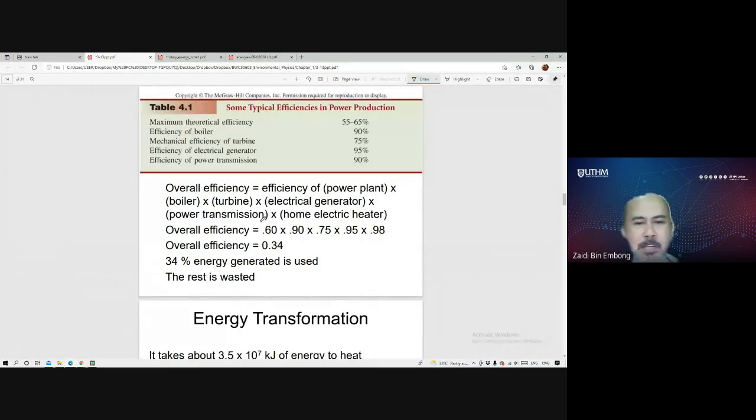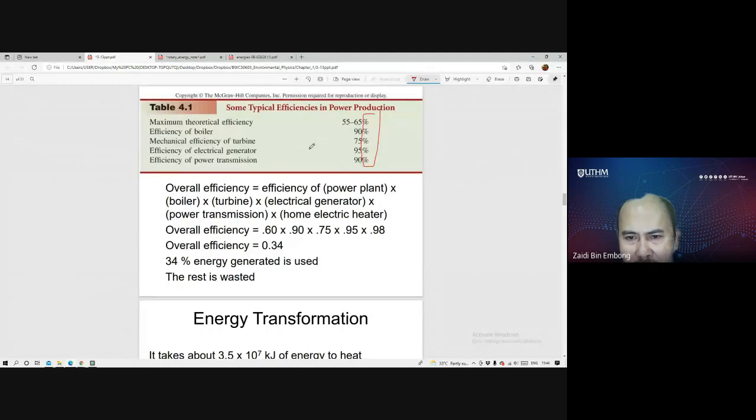Okay, then we have this calculation. From this calculation, you can see each of these contributes. The boiler contributes a factor of 0.6, 0.9, and then the power transmission. And so on. So all this you convert by dividing. What does it mean? 16 divided by 100 because this is in percentage.